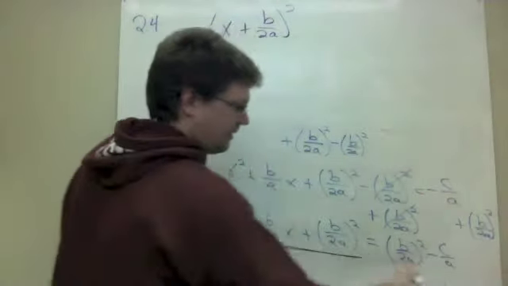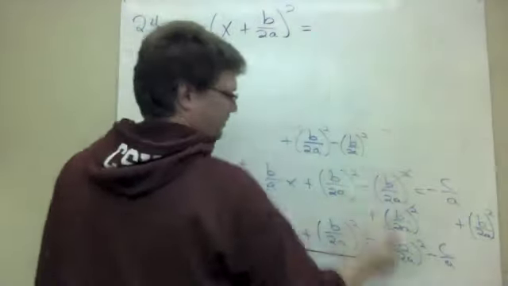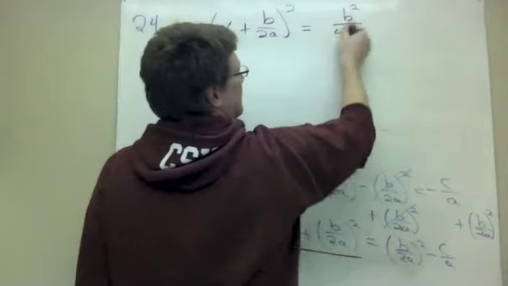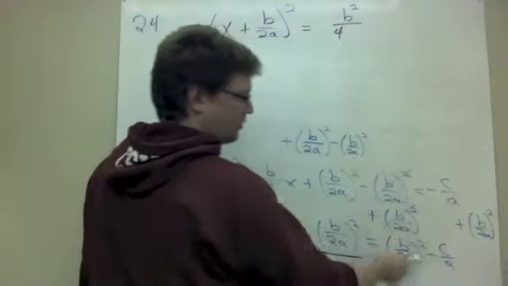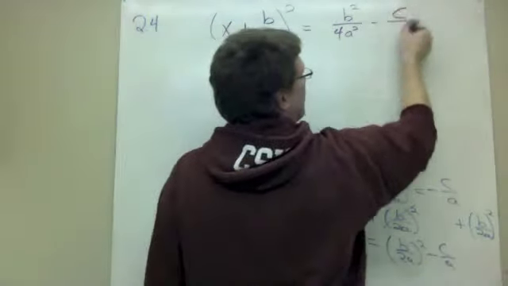This thing, well, it's b squared over 4a squared, if we square out these pieces: b squared, 2 squared is 4, and a squared is a squared, minus c over a.